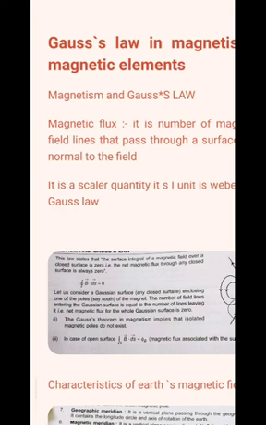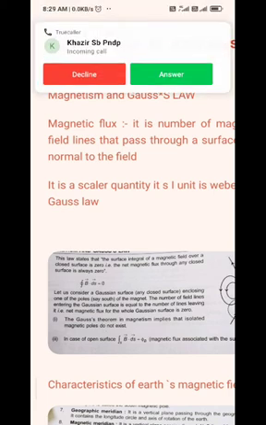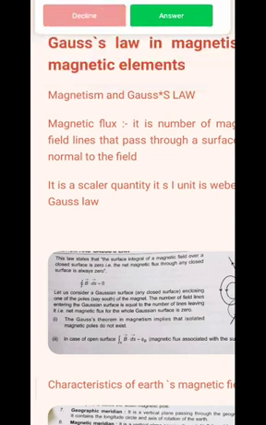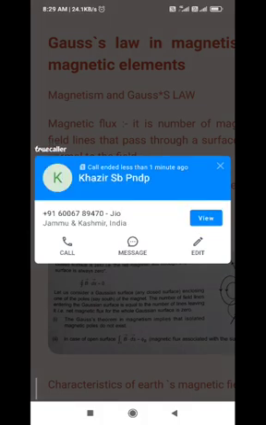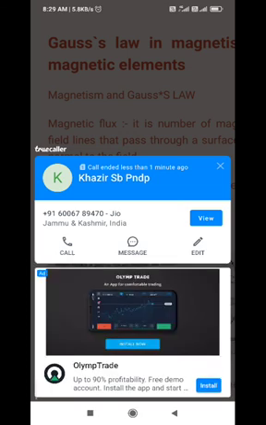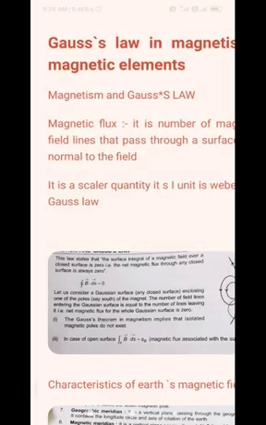In electrostatics, as you know, Gauss law states that the surface integral of the electric field over a closed surface is equal to 1 by epsilon naught times the total charge enclosed by the surface. That is mathematically, the surface integral of E dot ds is equal to q by epsilon naught.